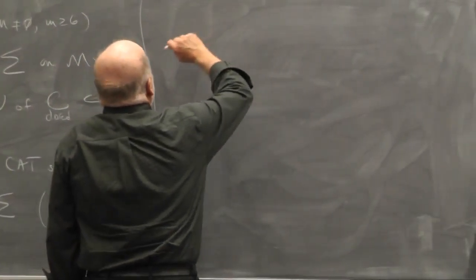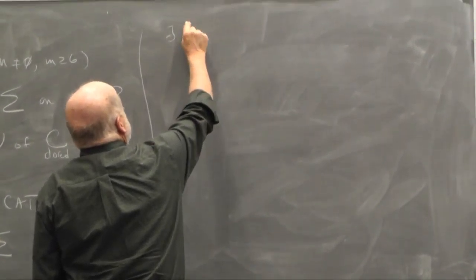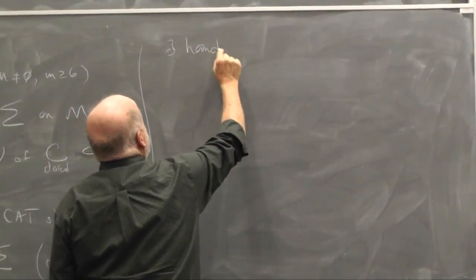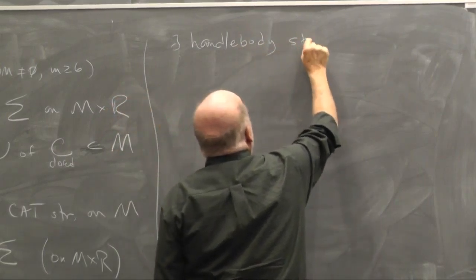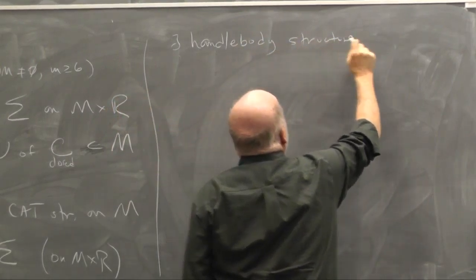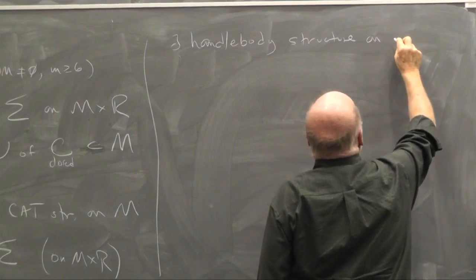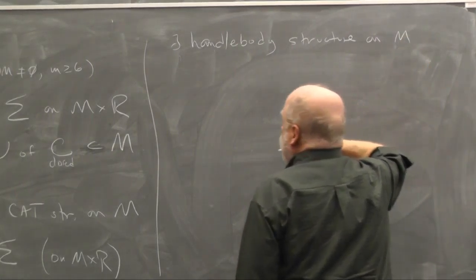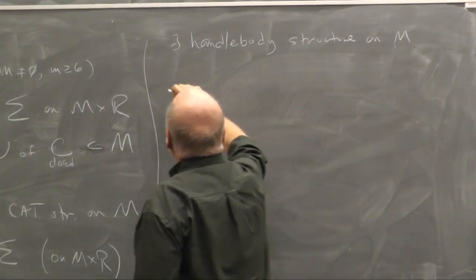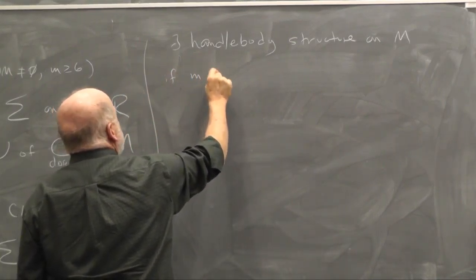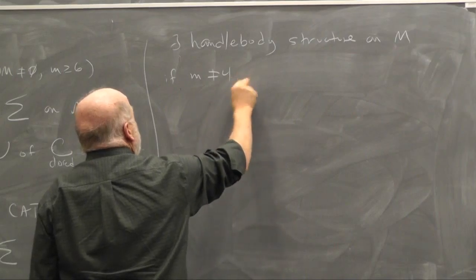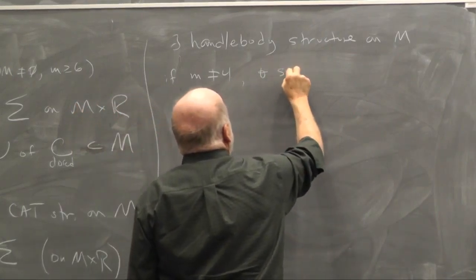So there exists a handlebody structure on M if the dimension of M is not equal to 4, and sometimes not.